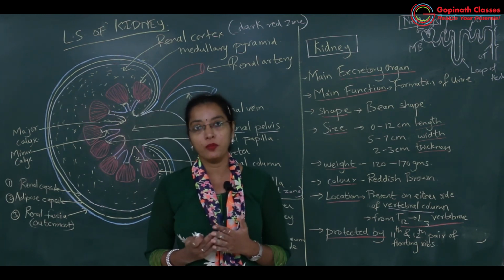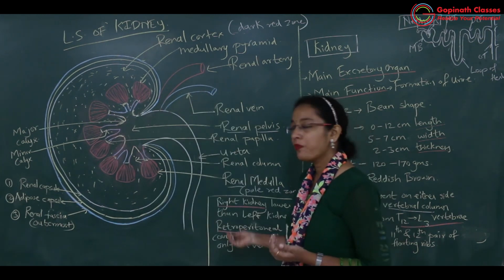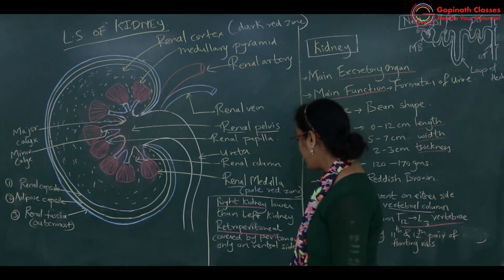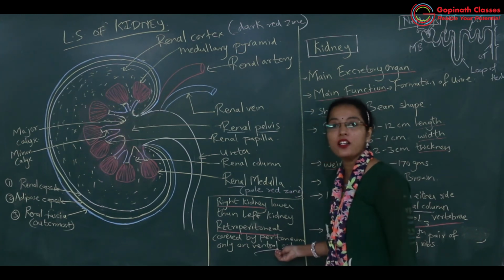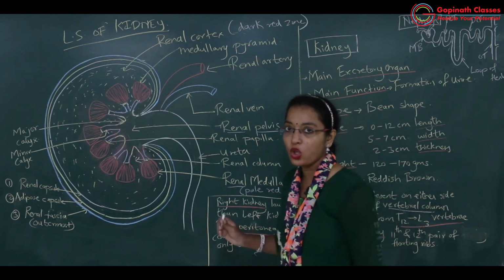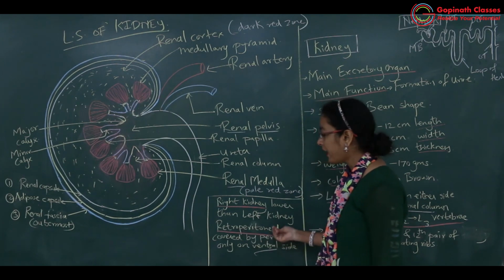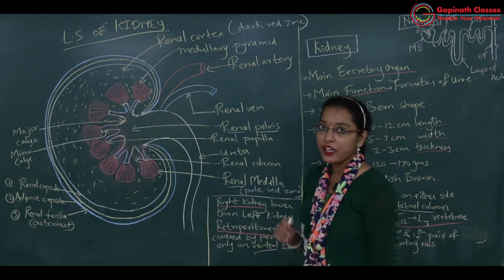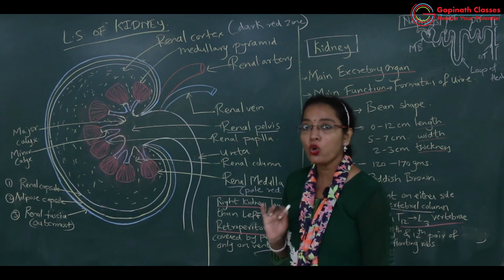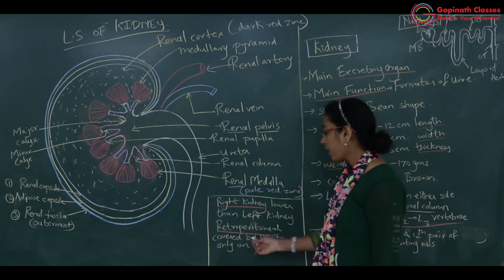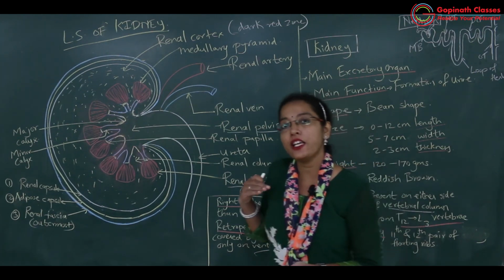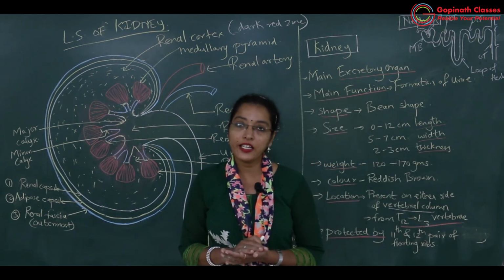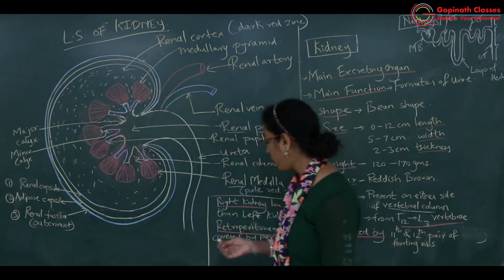Similarly, this peritoneum which is present around the kidney is covering the kidney only on the ventral side, not on the dorsal side. Okay, so that is why the kidney is called retroperitoneal. Covered by peritoneum only on the ventral side. Dorsally there is no covering of peritoneum for the kidney. That's why it is retroperitoneal.